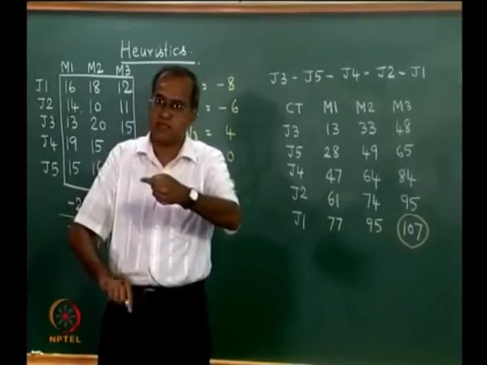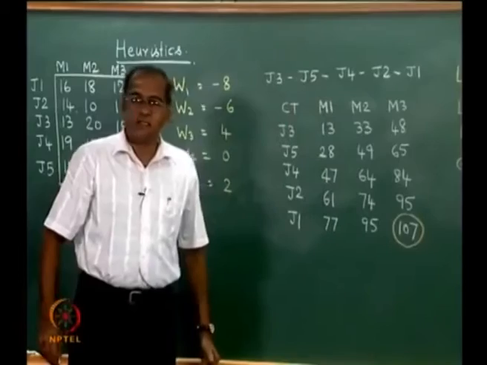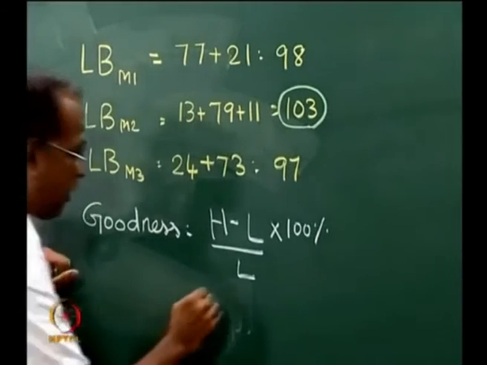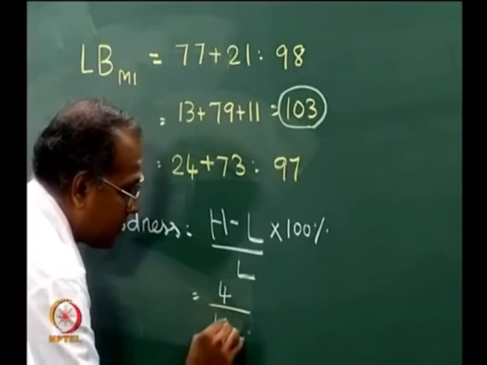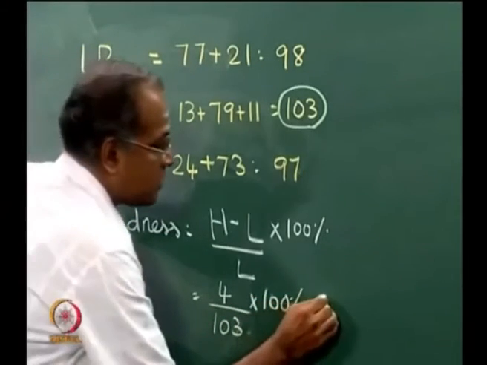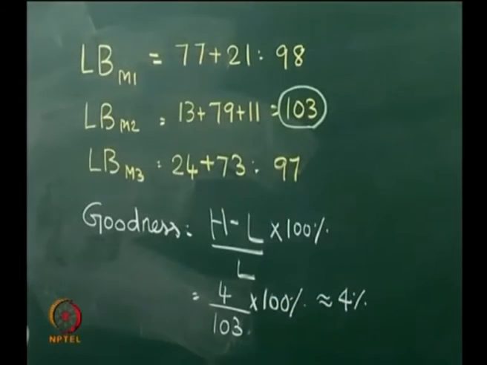Therefore, if the optimum were 103, then the goodness of this is 107 minus 103 divided by 103 into 100%. So, this is 4 by 103 into 100%. So, this is approximately 4% or less than 4%. 3 point something percent, we would say 4%.